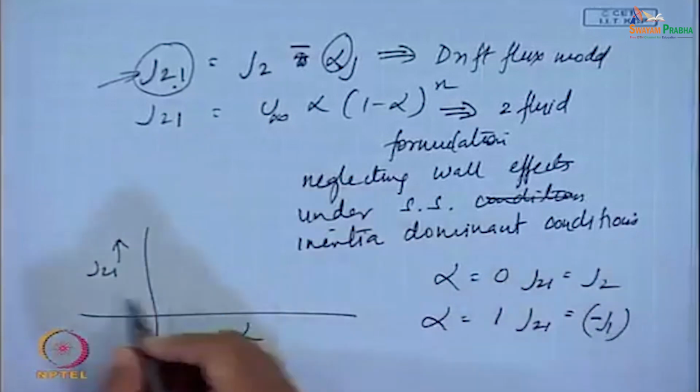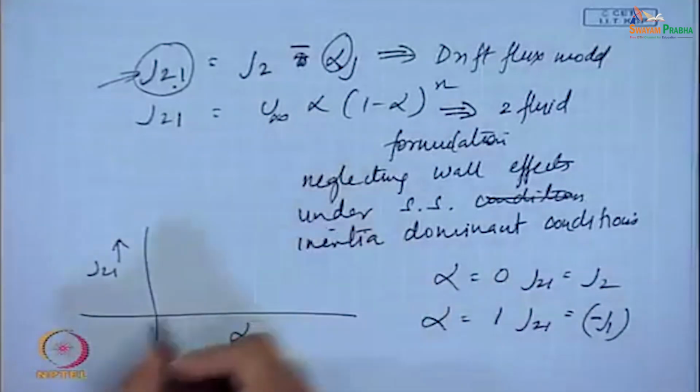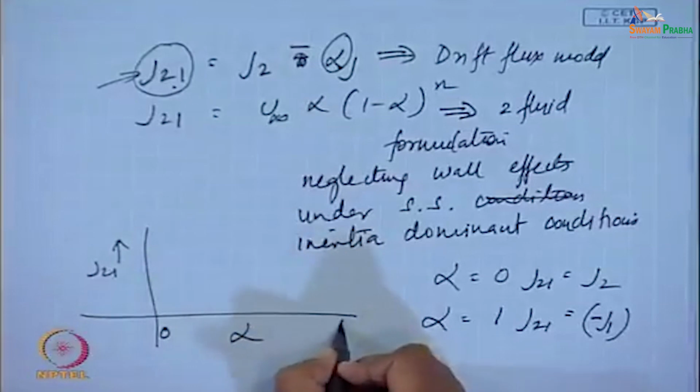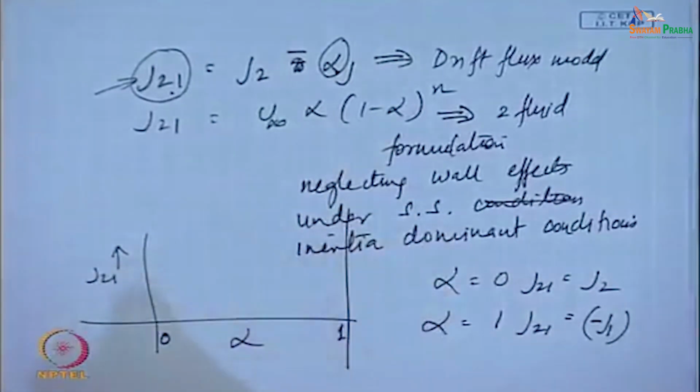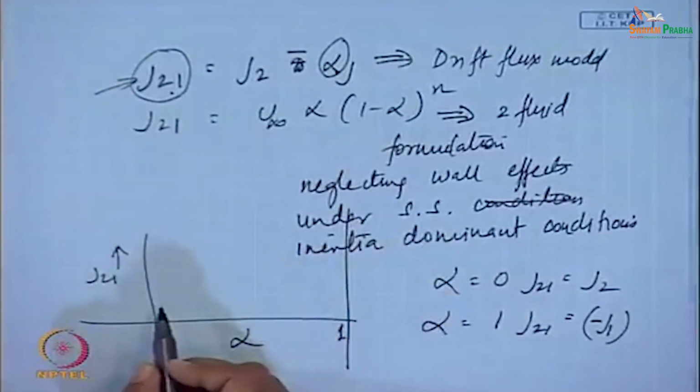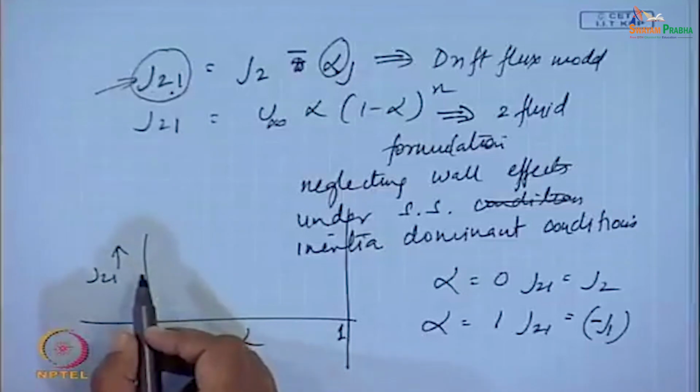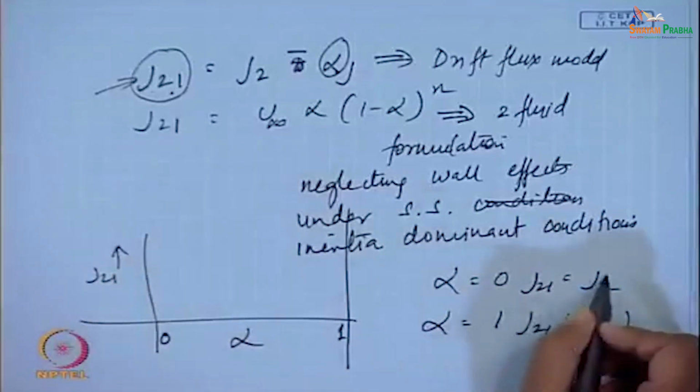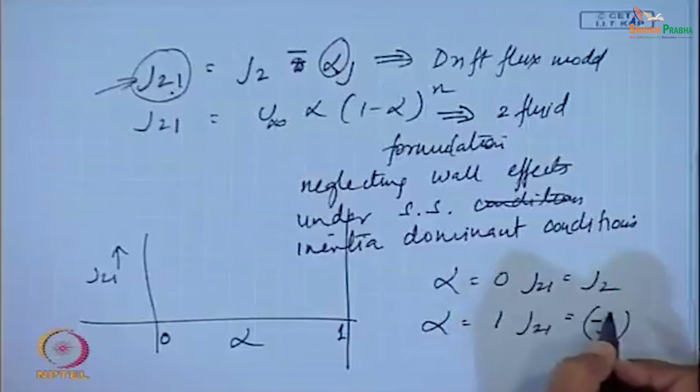So, if you plot J21 versus alpha, from 0 to 1, you are supposed to get straight lines depending upon the magnitude of J2 and J1, and the signs of J2 and minus J1. Do you understand?